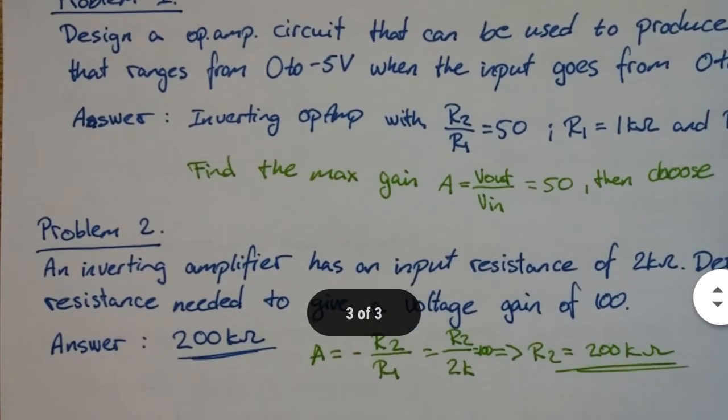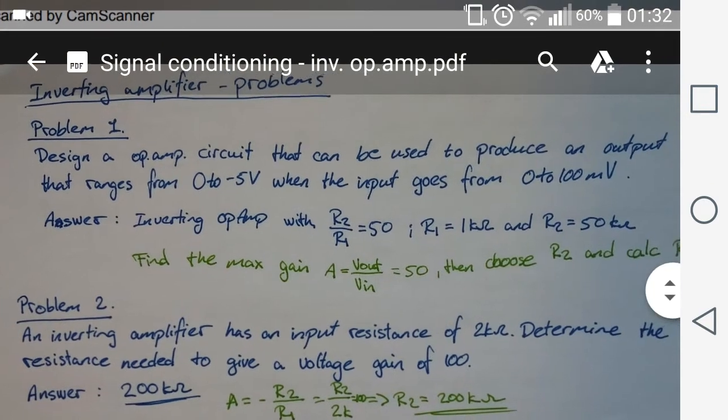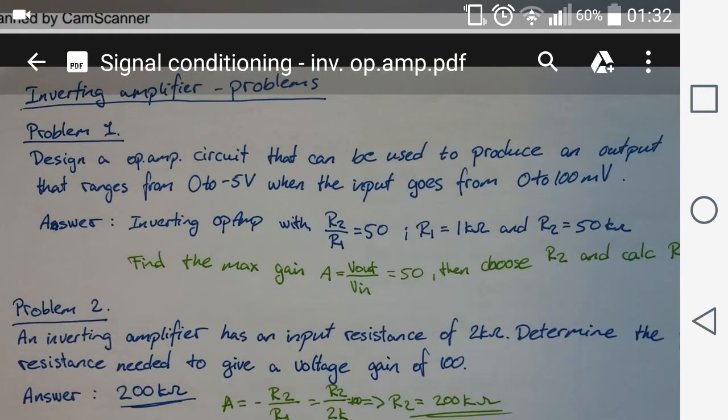This means that the ratio between R2 and R1, or the maximum output voltage and the maximum input voltage, should be equal to 50, and then you can select that the resistor R1 should be 1 kilo ohm, and then you can calculate the size that you want for the feedback resistor R2.